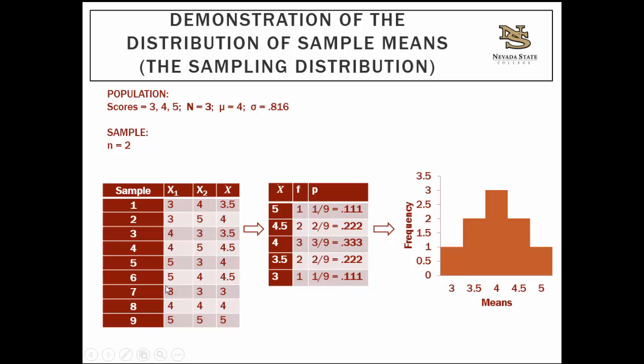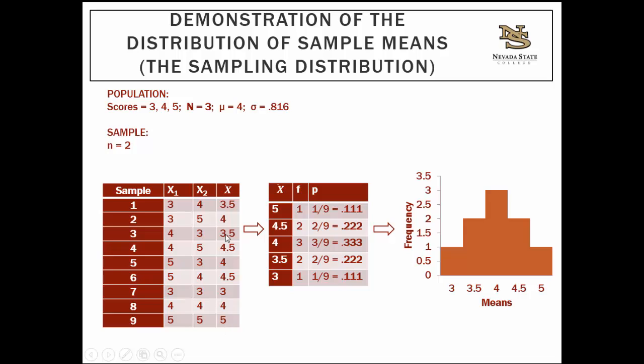So this is the exhaustive list of all the possible 2-number combinations, sample size of 2, that you could get from this population. So the way that you get your distribution of sample means is you calculate the mean for all of those samples. So 3 plus 4 is 7, divided by 2 is 3.5. 3 plus 5 is 8, divided by 2 is 4, all the way down.